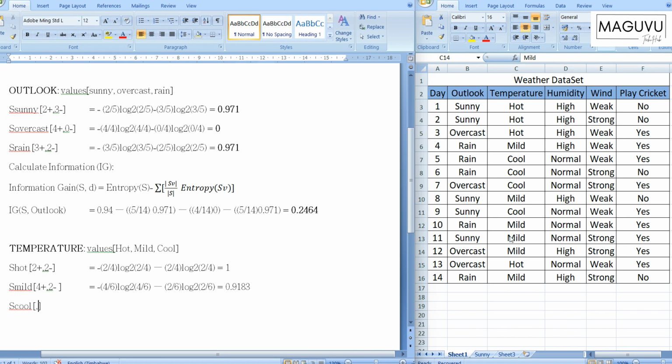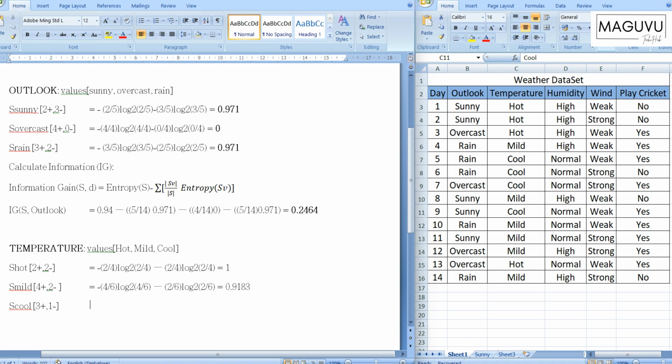From our table there, we see that for cool days, where the temperature was cool, we have 1, and 2, and 3, and 4. So it's a total of 4, and then we want to consider the contribution in terms of playing cricket. We see that 3 days where cricket was played where the temperature was cool, and out of the 4 it gives us a 1 negative.